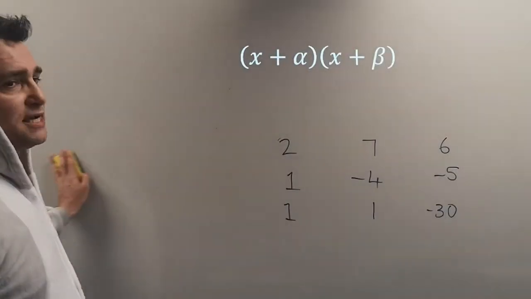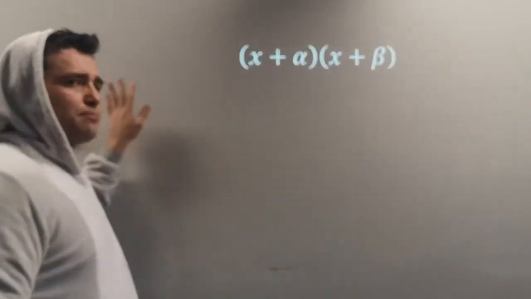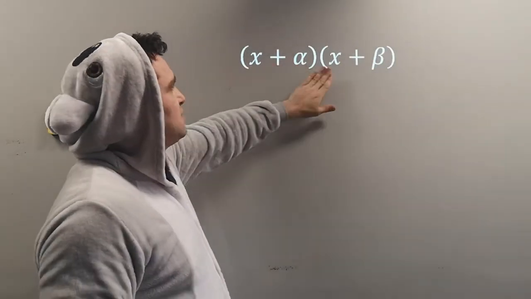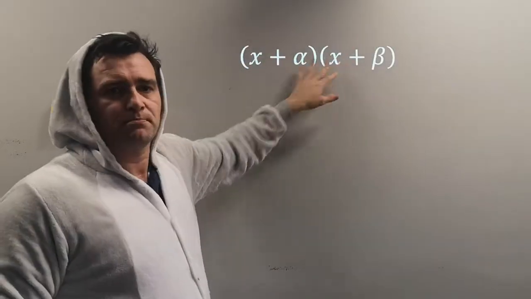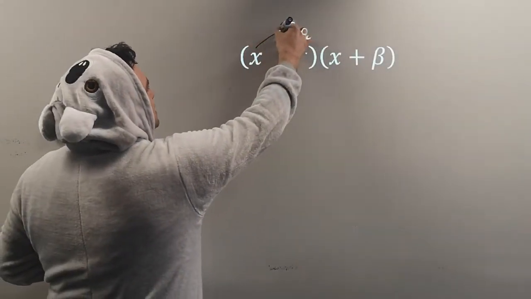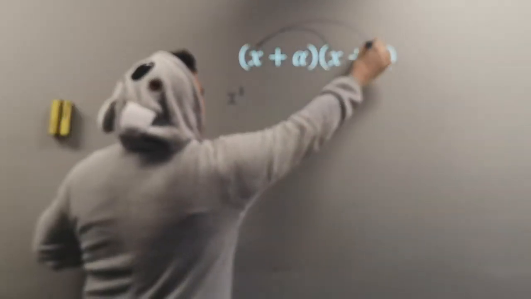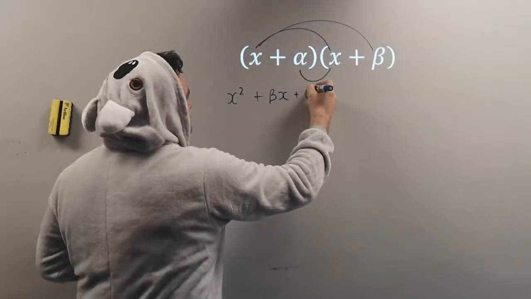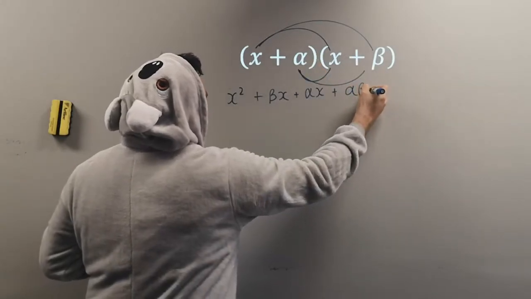So why does this become important? If we go back to how we did our binomial expansions, if I've got (x plus alpha)(x plus beta), and either could be a positive or a negative number, but positive is the default we're using. If I were to expand this, I'd have x squared plus beta x plus alpha x plus alpha beta.